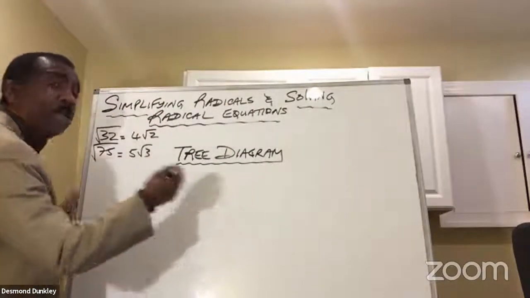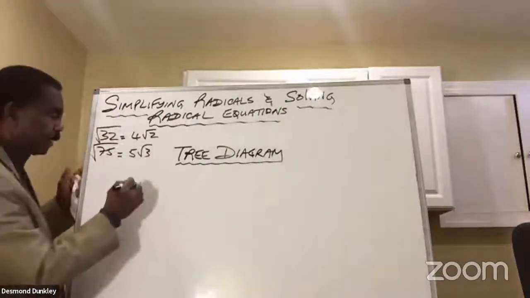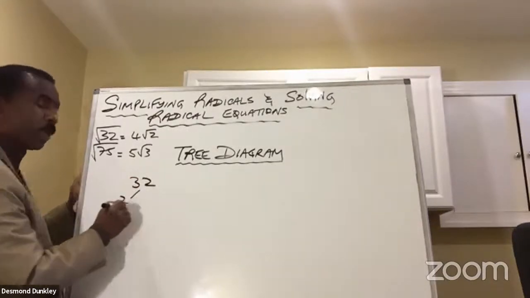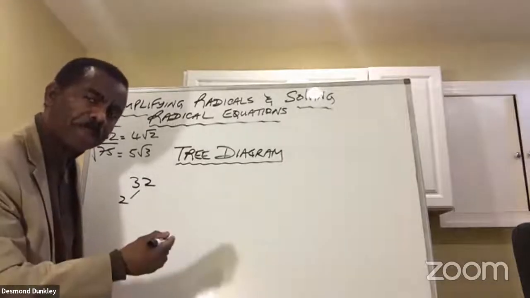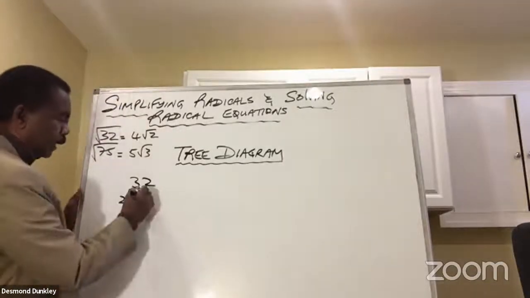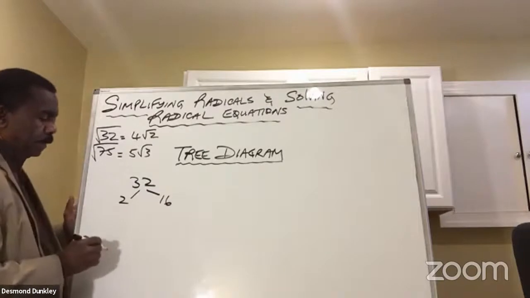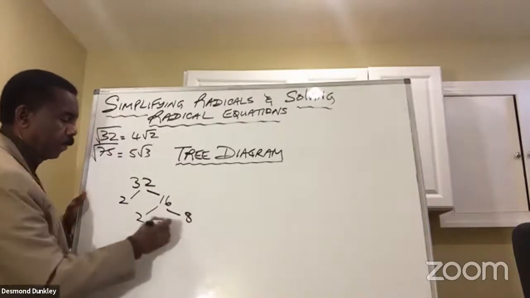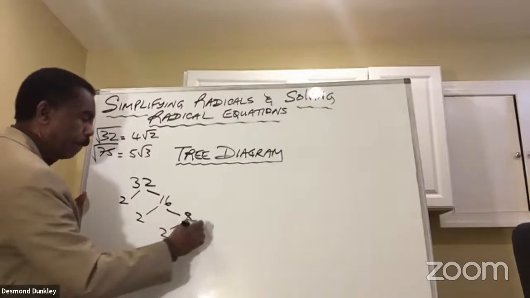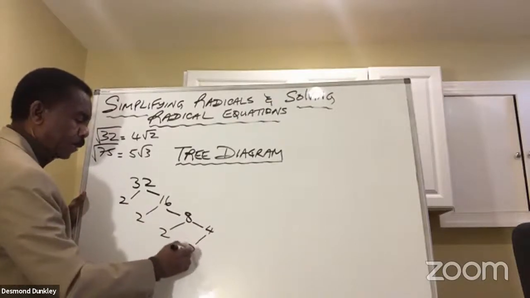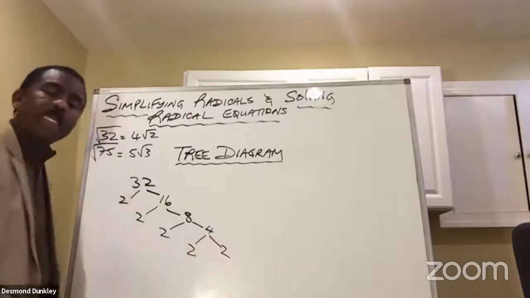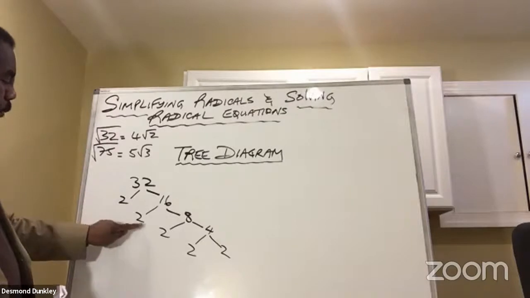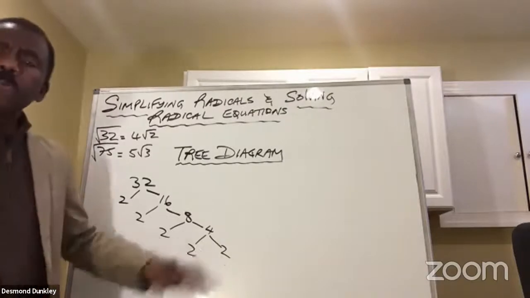So how do we break down 32 into its prime factors? Well, start with the lowest prime number possible and then keep building. So it's actually 2 times 16. Try again. It's 2 times 8. Oh, we can do 2 again. 2 times 4. Oh, we can do 2 again. It's 2 times 2. So we discover that 32 is 2 times 2 times 2 times 2 times 2.